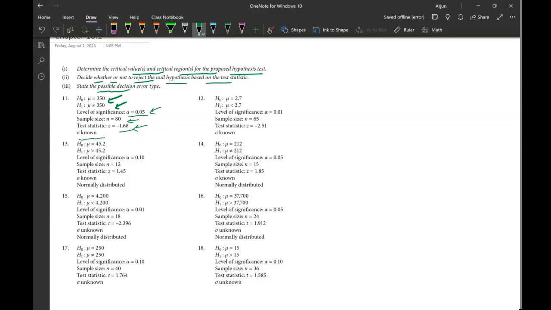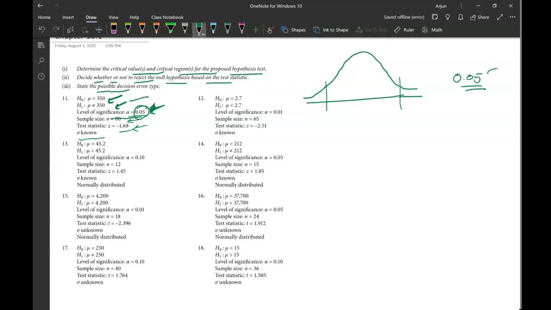error type. Now, when we have this question in front of us, it is not equal to. So if I draw the normal distribution graph, not equal to will be a two-tail approach. It is also given that the level of significance is 0.05. So we will divide this 0.05 over the two tails.